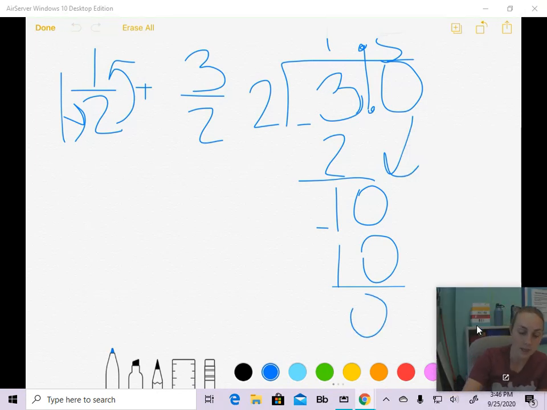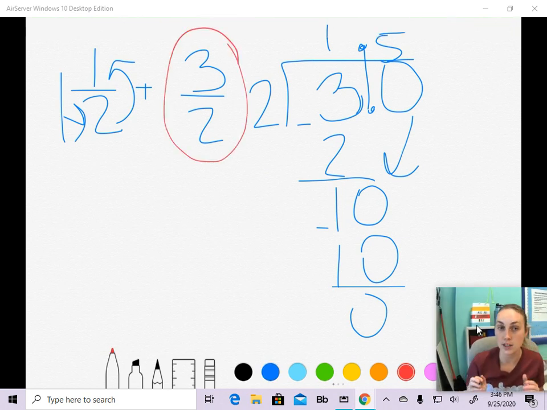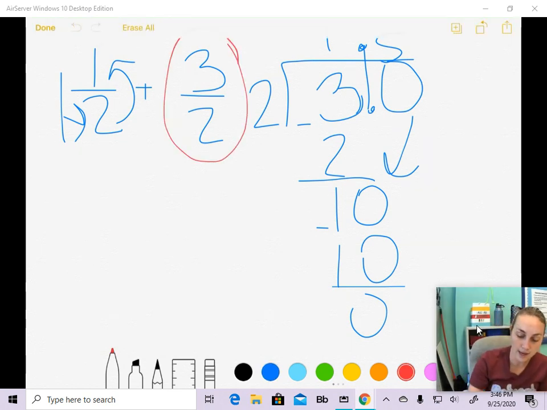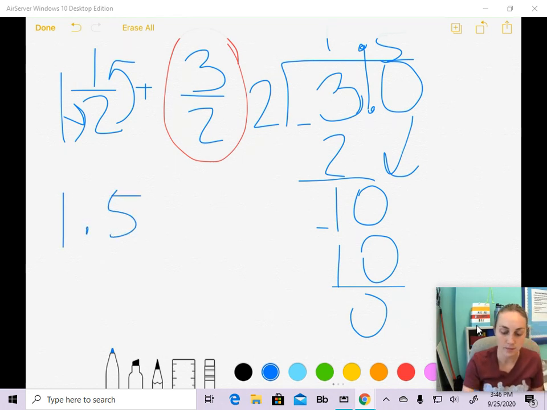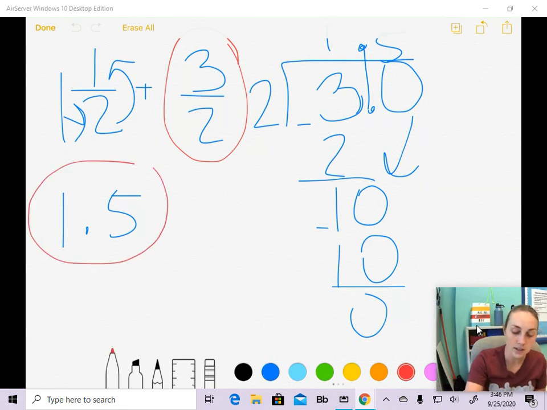Okay, so now we have our fraction. And then we also have our decimal, which is going to be 1 and 5 tenths. Remember to say that correctly because it'll help you out. And then to change this into a percentage, all you have to do is move the decimal over 2 times and add a 0.